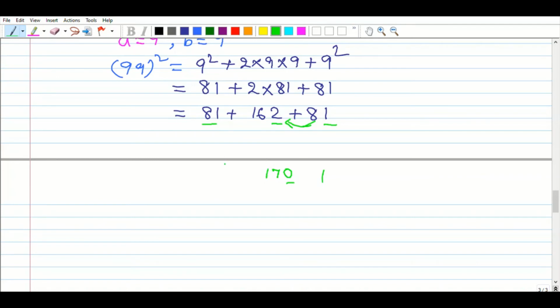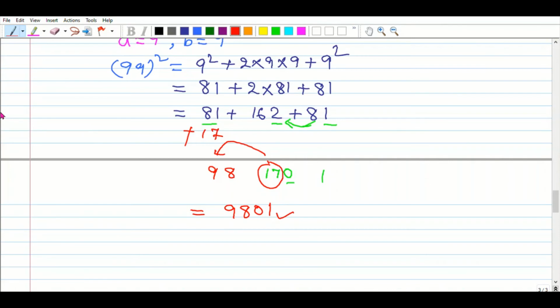Then 7 plus 1 is 8, and 8 plus 9 is 17. Then after that we can write here 9801.